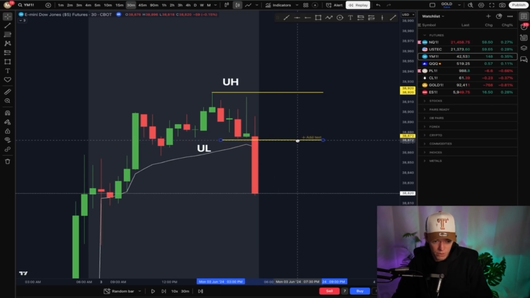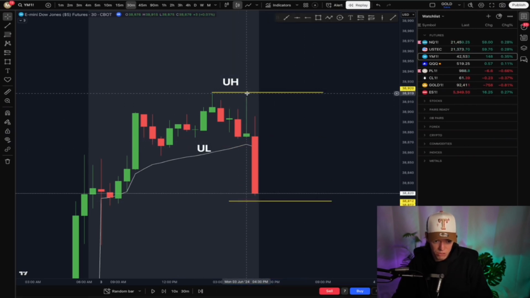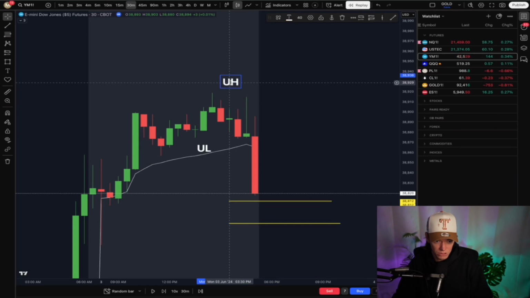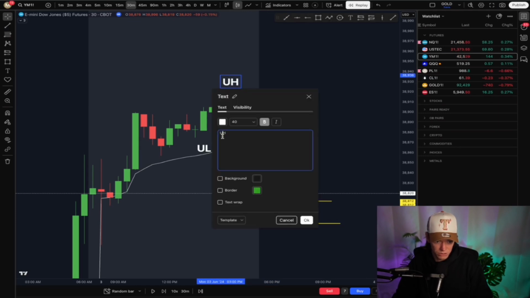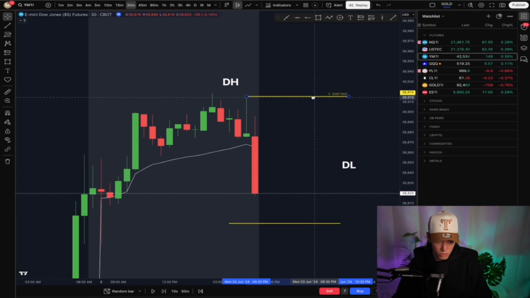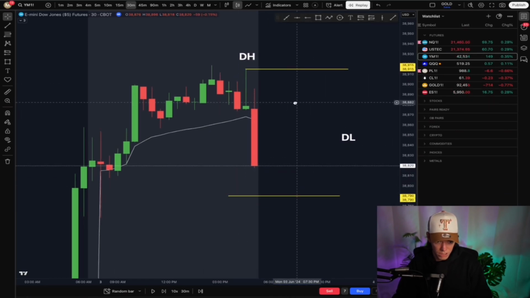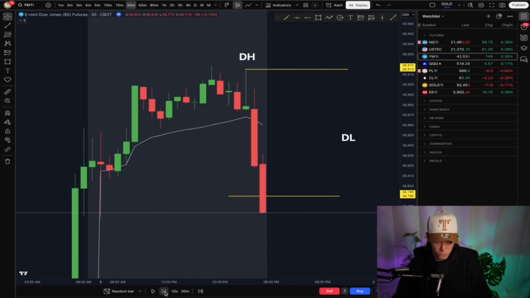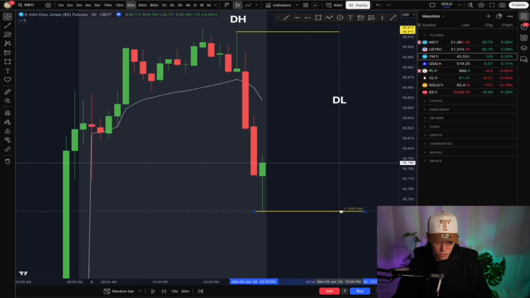So now prices change direction. We're now looking for sells. So we need to change this to downtrend high, downtrend high, downtrend low. Downtrend high. We gotta wait for another green candle. There we go. Downtrend low.